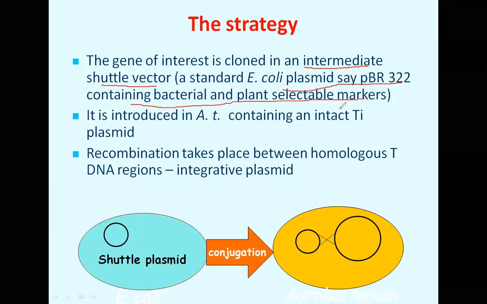Okay, this particular plasmid pBR322 is a very popular plasmid. When I worked using Agrobacterium-mediated plant transformation, this was a very popular plasmid at that time, pBluescript, pBR322. So this was a very popular plasmid.